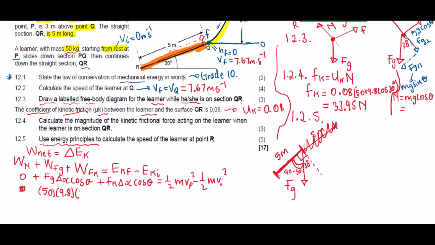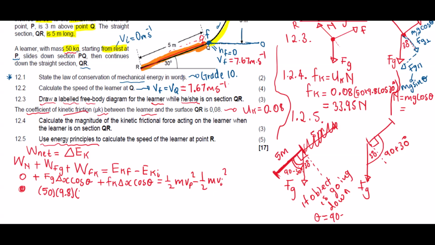If the object was going up the incline, it was going to be 90 plus 30. So that angle there would have been 90 plus 30. You can just memorize that if the object is going down, the theta for the work done by gravity is going to be 90 minus the angle of inclination.